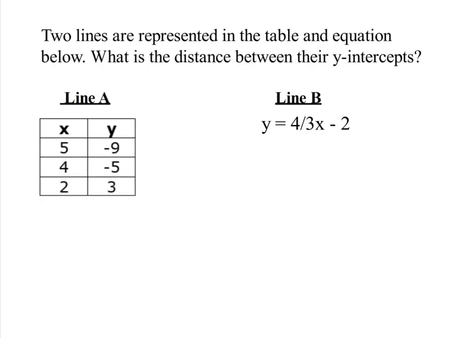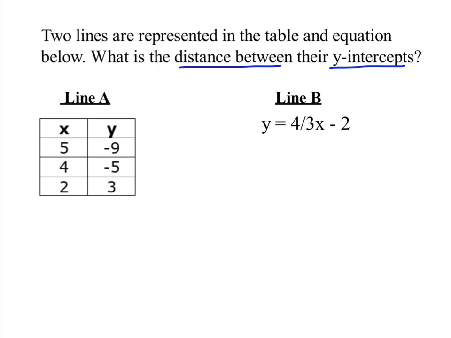So here now I see two lines that are represented with a table and just an equation. I want to know the distance between their y-intercepts. So automatically when I think about distance between, I think about subtraction and basically the spaces in between our y-intercepts.